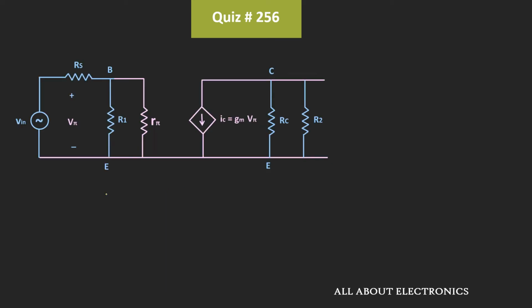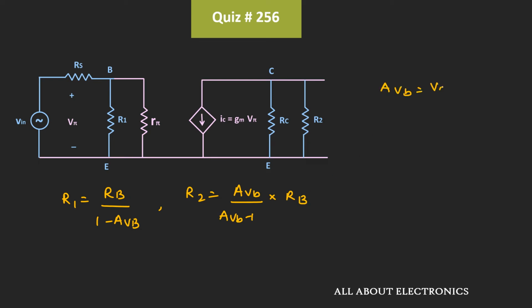After the conversion, this resistor R1 can be given as RB divided by 1 minus AVB, while the R2 can be given as AVB divided by AVB minus 1 times RB, where AVB is the ratio of Vout and VB, that is the voltage across the base terminal.